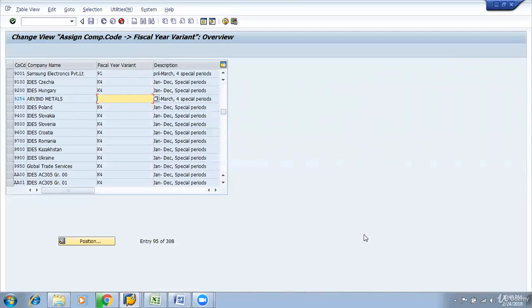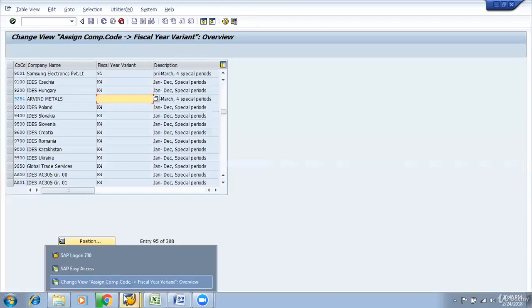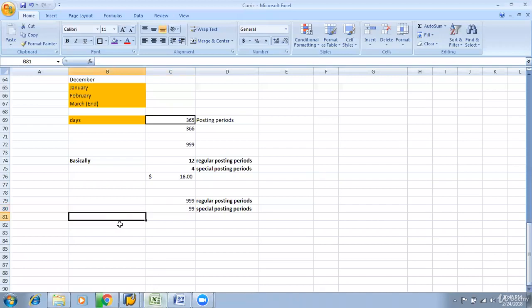There are three types of messages in the bottom. The first one is the red color. Yes, the red. That's an error message. System does not let you move forward. The second are the warning messages, that they are basically in yellow.